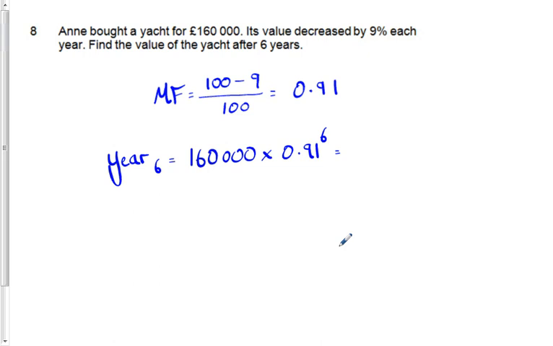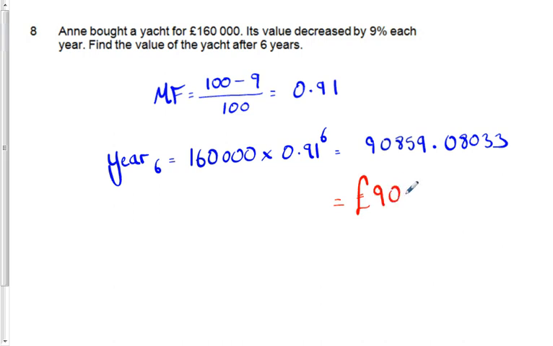Now, 6 is the number of years that we're talking about, or the number of repetitions. Hit our equal sign, and that gives us 90859.08033.